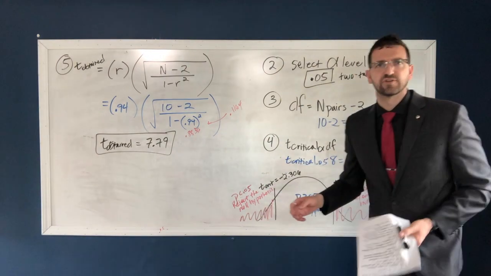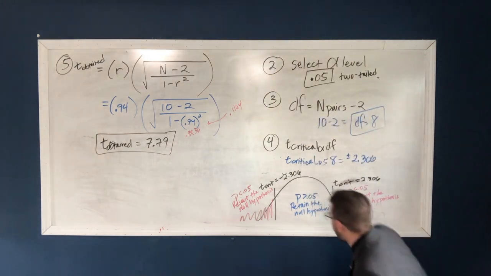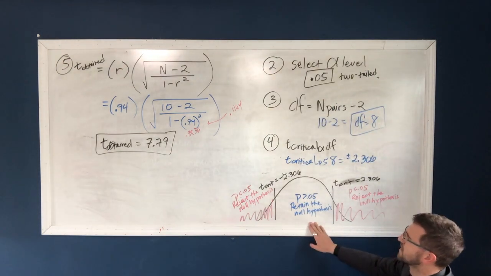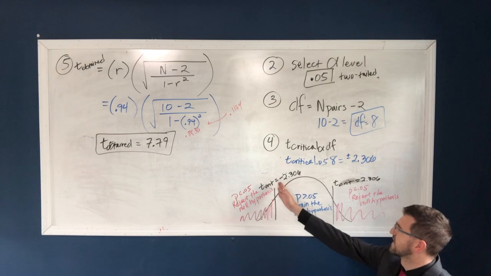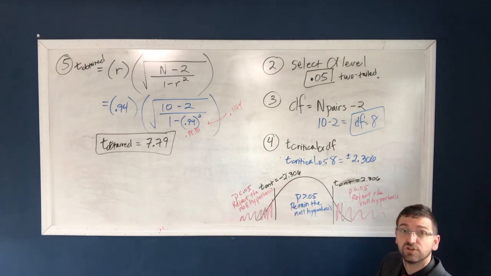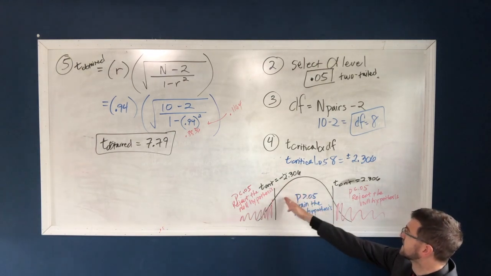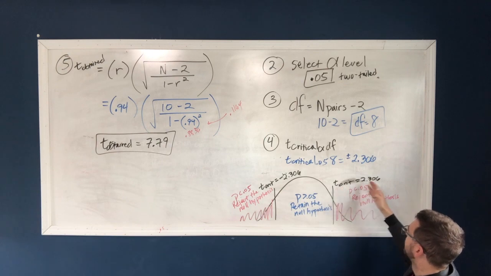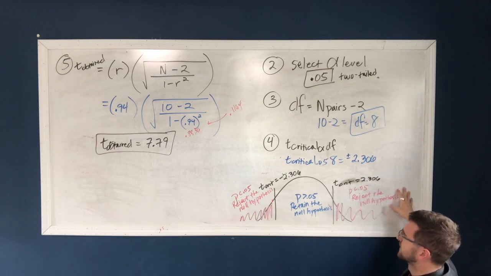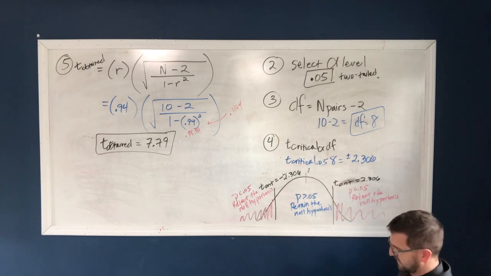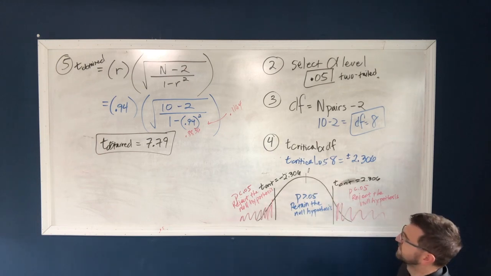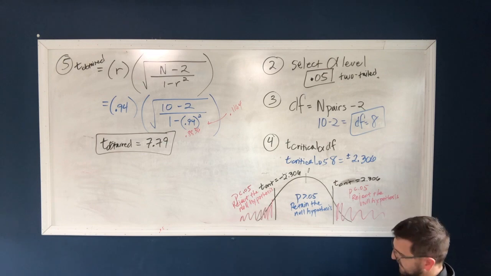Okay, so once you have your t obtained, you come back to the picture, right? So here's a t critical of negative 2.306, and then you have t critical of 2.306 over here. So think of 0 being in the middle here. Okay, so now we need to figure out where our t obtained goes.